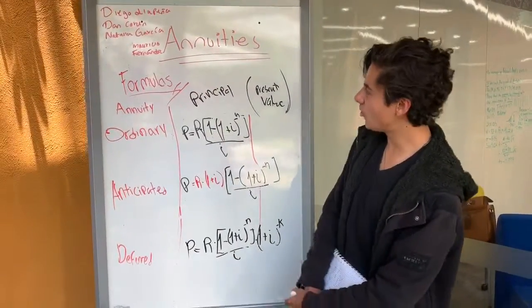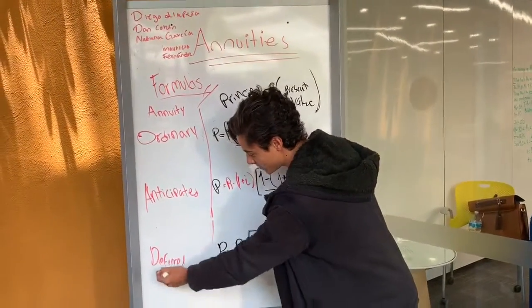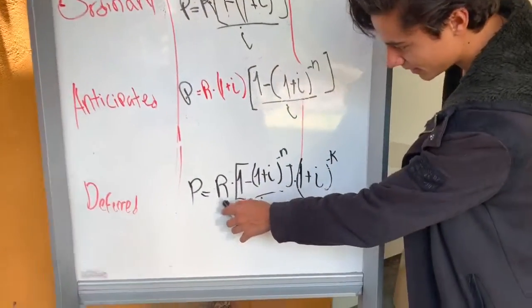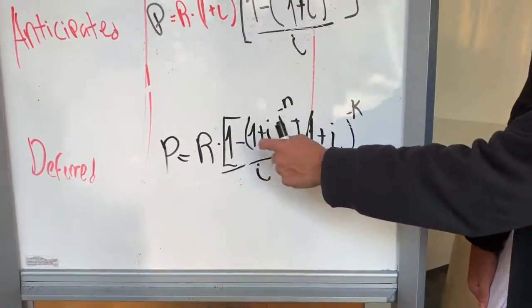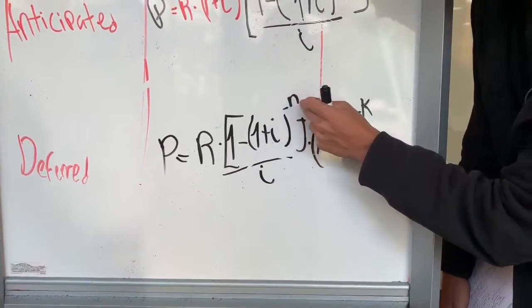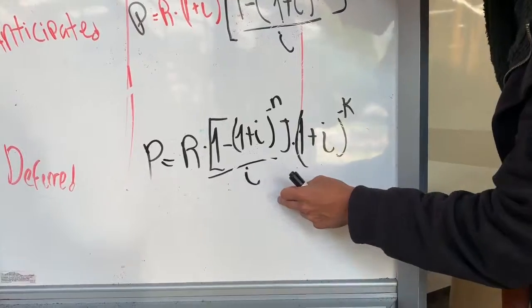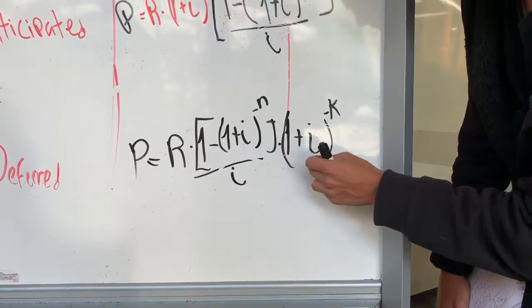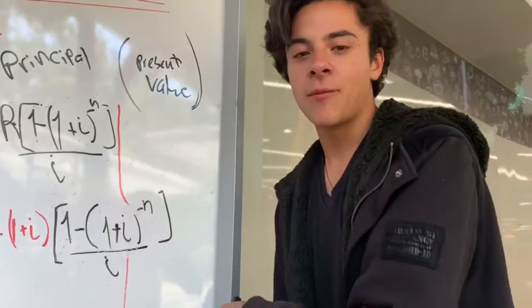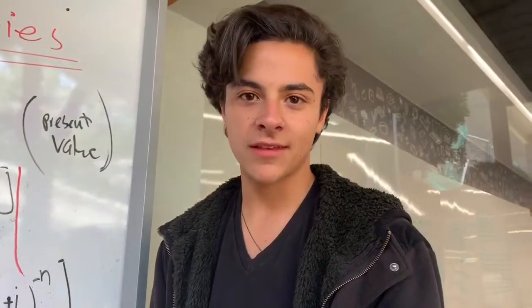When you have the last type of annuity, which is deferred, you have to use this formula: P is equal to R times 1 minus 1 plus the interest to the power of minus N divided by the interest, and then you multiply that by 1 plus the interest to the power of minus K, and K represents the number of free periods which will be given in the problem.